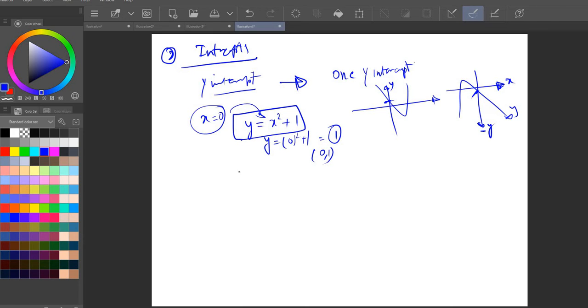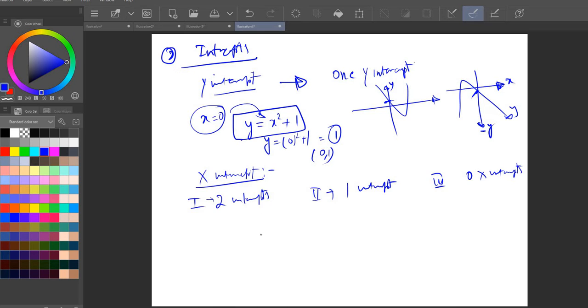Right? Simple. Now, let's talk about the x-intercept. Now, x-intercepts can be of three types. Number one, two x-intercepts. Number two, one x-intercept. And number three, zero x-intercepts.